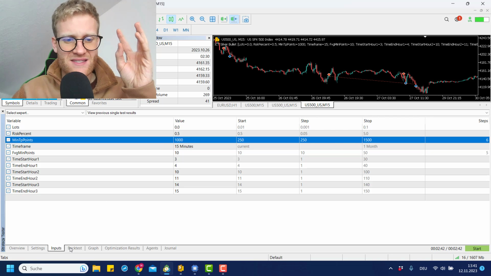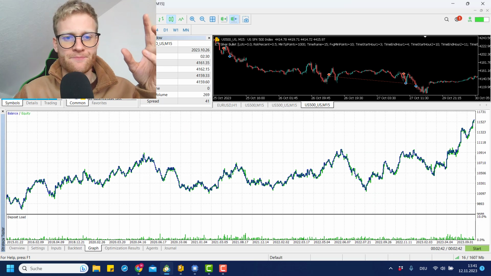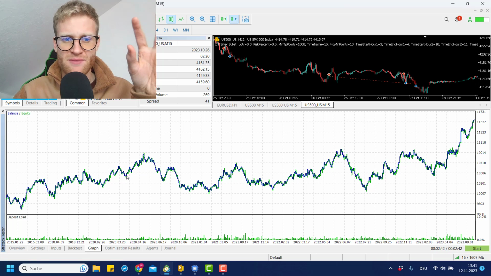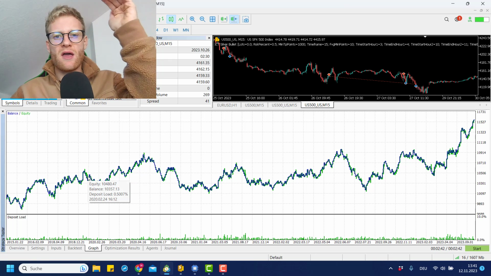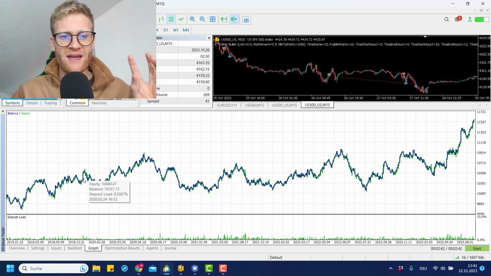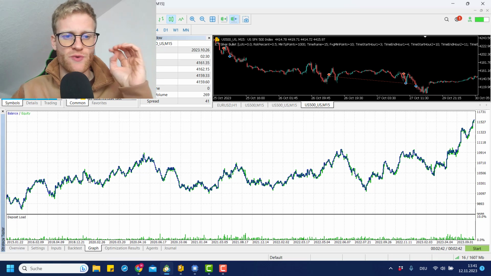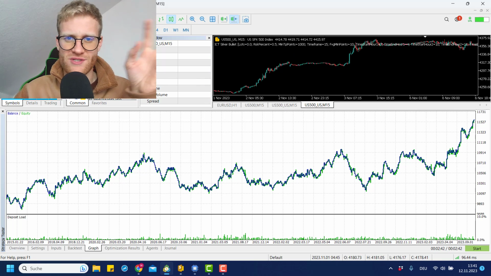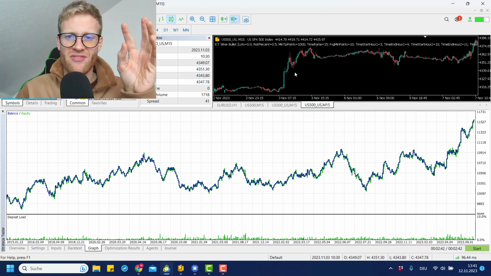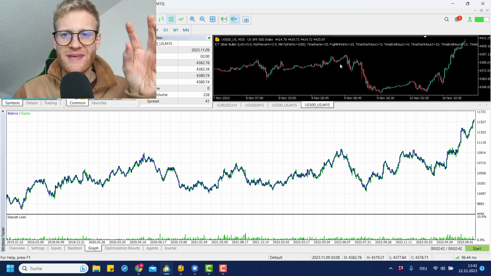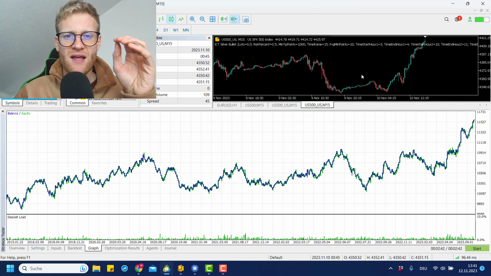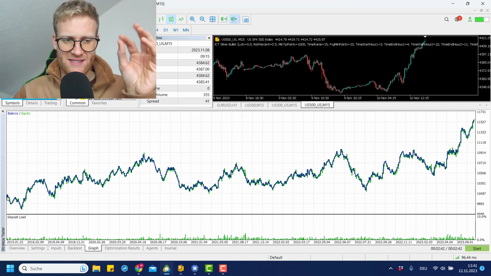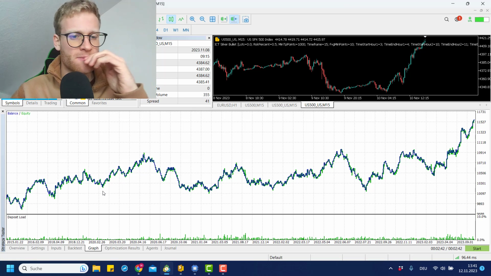And since the overall price of the S&P 500 was lower in the years 2015 to 2020, it was at around 2000 maybe, and now you can see it is at 4000 something, which means that these 1000 points for the TP are relatively large in the first years starting from 2015.